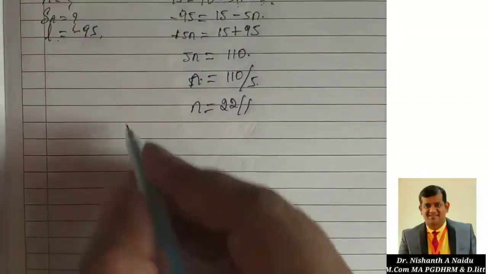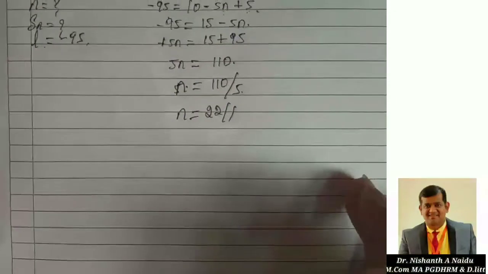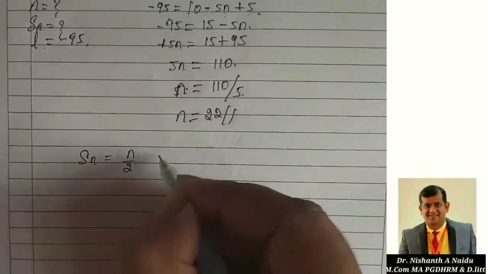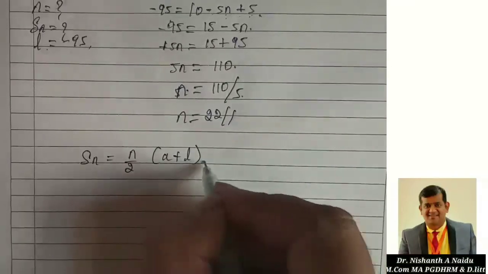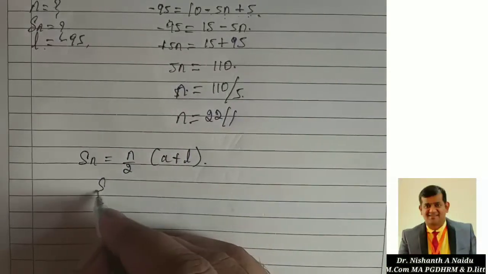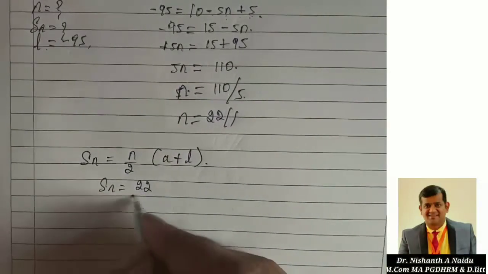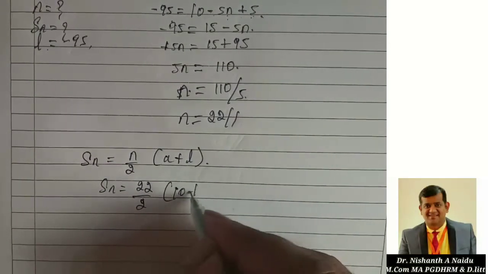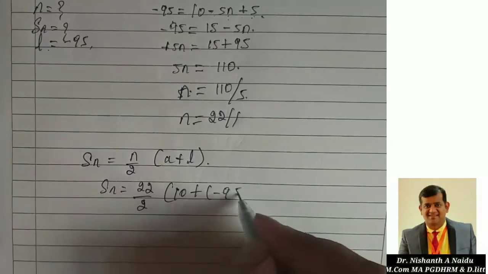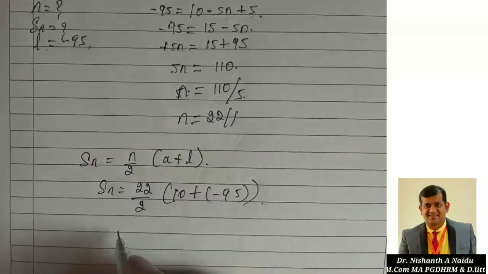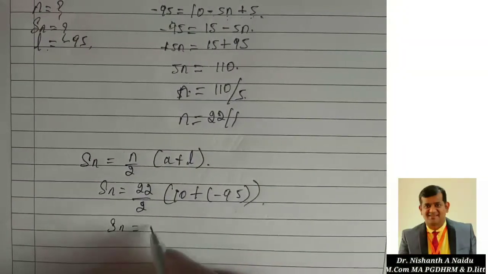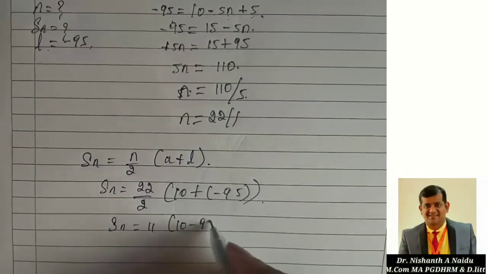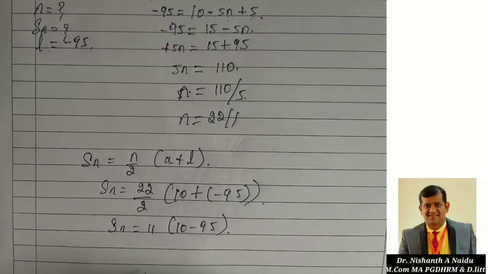Now we got n. So now let us apply the Sn formula. Sn equals n divided by 2 into a plus l. So Sn equals 22 by 2 into a, which we know is 10, plus minus 95 as l. So Sn equals 22 by 2 is 11, times 10 minus 95.